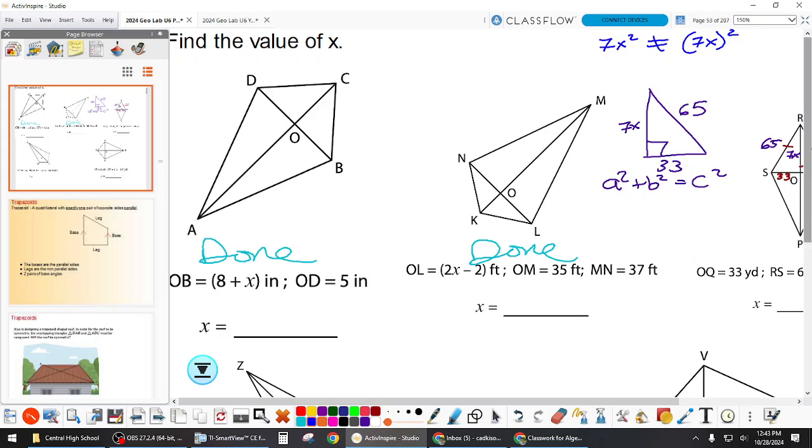No, I'm saying once we do the squaring, what is it? What is this when we square? Yeah, the 7 is squared. In fact, let's even write that out. This is 7 squared x squared, which is 49x squared. Clearly not the same as 7x squared. Okay?